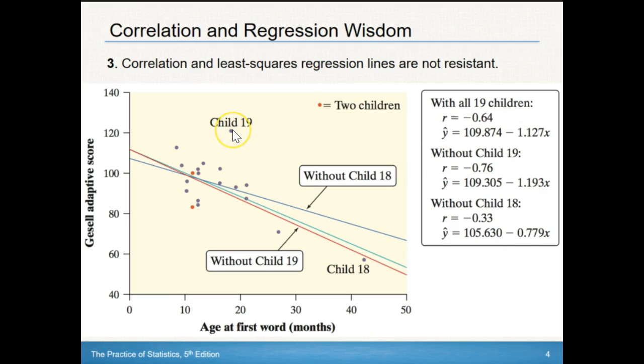So child 19 had very little effect on the least squares regression line and on R, whereas child 18 had a lot of effect. So we see that a horizontally situated outlier is going to have more effect on changing the least squares regression line than the vertical outlier.